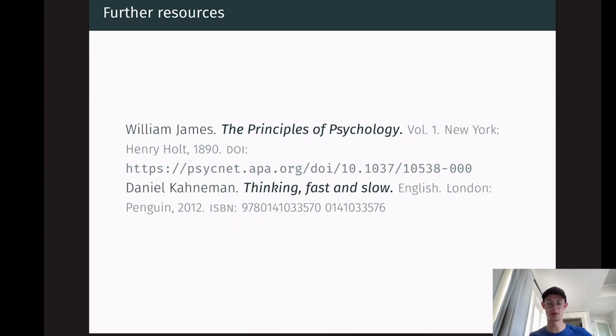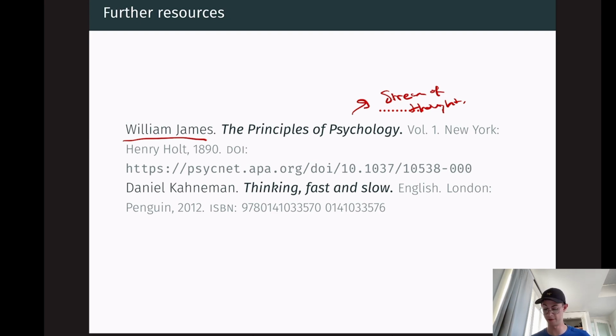So some further resources. Firstly, William James coined the stream of thought consciousness back in 1890. And if you're more interested in the psychological aspect and the foundations of psychology, then William James, the father of American psychology, is worth reading.